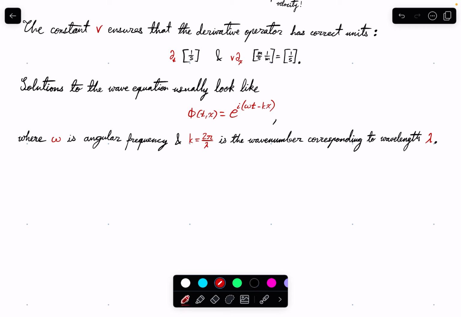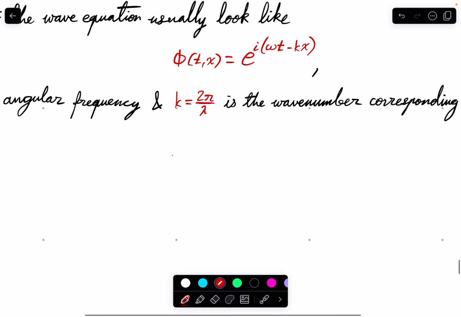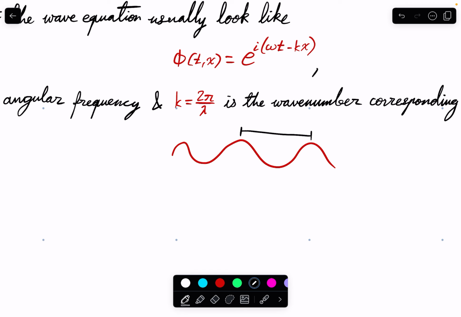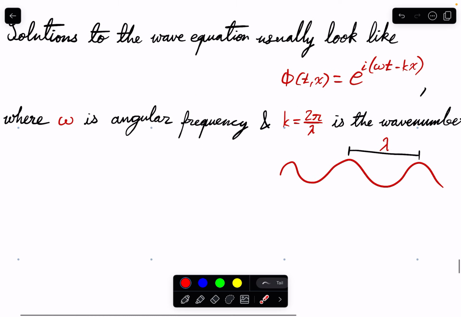Okay, so if you have some wave, this is not a great wave, then this distance right here is the wavelength, and the number of these passing a certain point in time gives you the angular frequency.